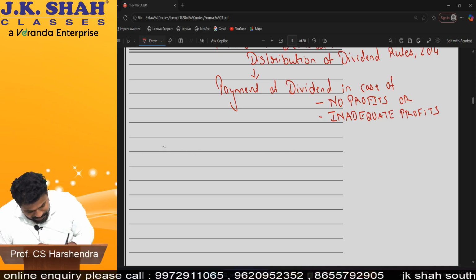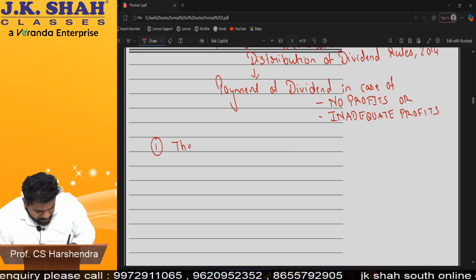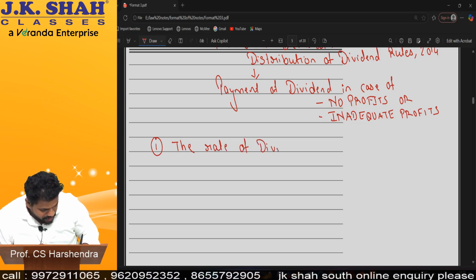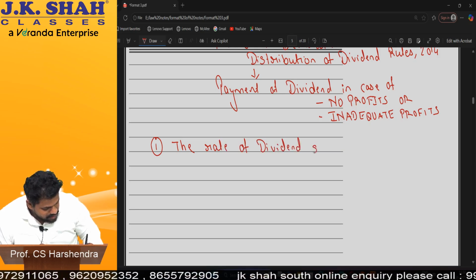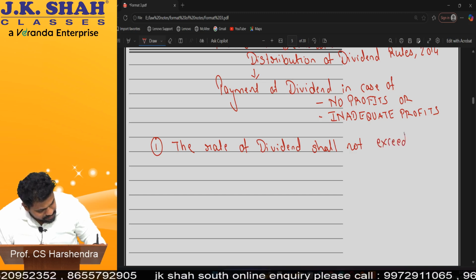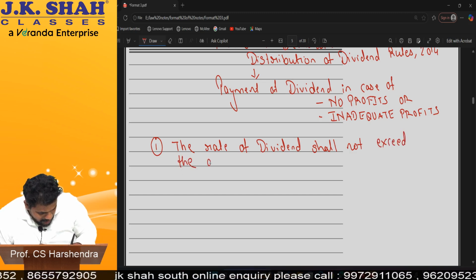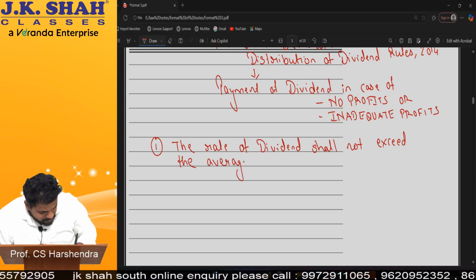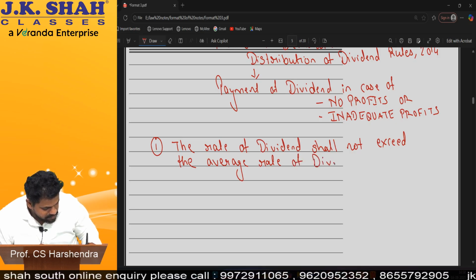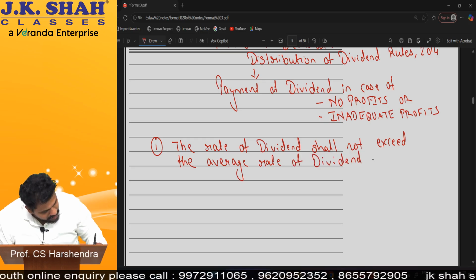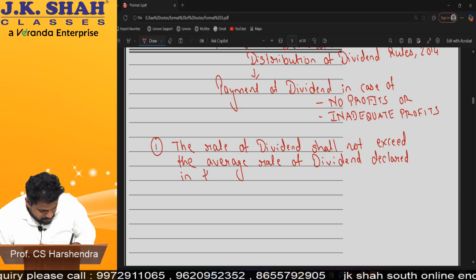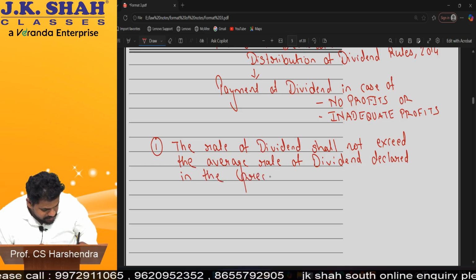First restriction: the rate of dividend shall not exceed the average rate of dividend declared in the preceding 3 years.